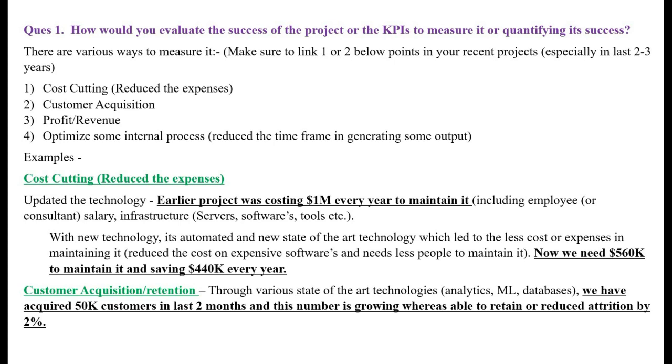So now, after updating with a new state-of-the-art technology, maybe let's say you have implemented some artificial intelligence or machine learning or some new architecture solutions, you need only $560,000 to maintain it, and every year the company is saving around $500,000.